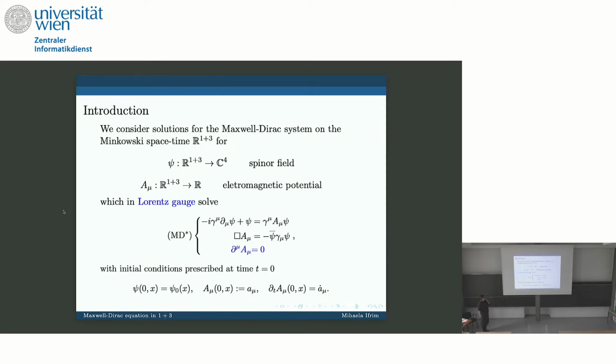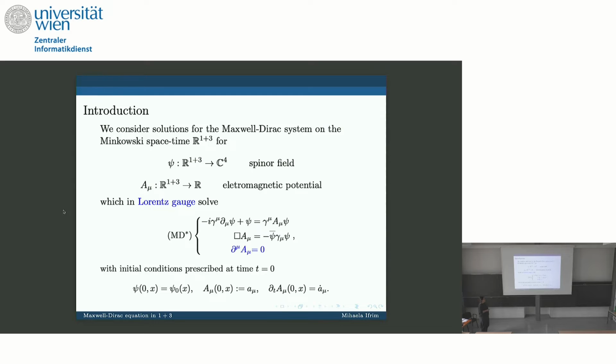And then we have the electromagnetic potential, which we call A mu. And having those two unknowns for the Maxwell-Dirac system, I'm going to write the system in this Lorentz gauge that you are going to see in a bit.